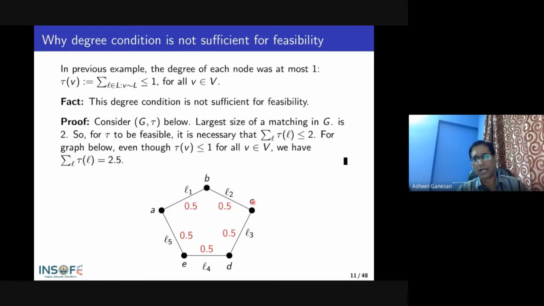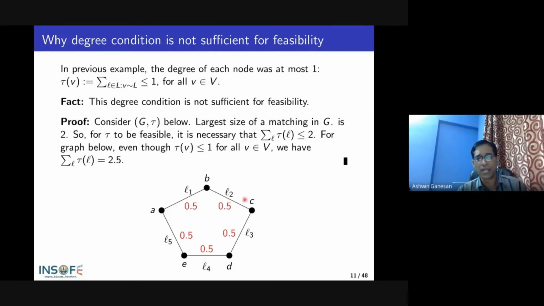So even though L1 and L2 interfere with each other, the sum of their demands is less than or equal to 1. So if L1 wants to be active for 50% of the time, and L2 wants to be active for 50% of the time, it appears you can satisfy those requirements because only two links interfere with each other, like L1 and L2 or L2 and L3. And together, the amount of time they want to be active is at most 100%. But it turns out the problem is trickier than that.